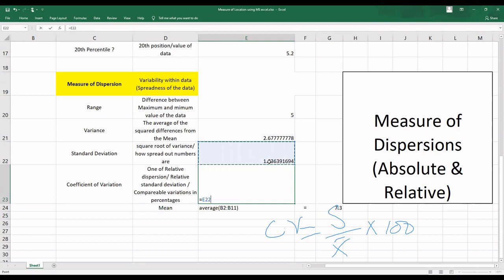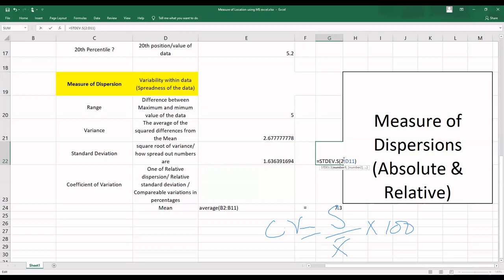What is the standard deviation? This one. Just a minute, we are using this one here, and replacing it with B because the data is automatically shifting. Now for the coefficient of variation formula, we use the direct formula: equal to the standard deviation value, this one, divided by the mean value, this one, and multiply by 100.